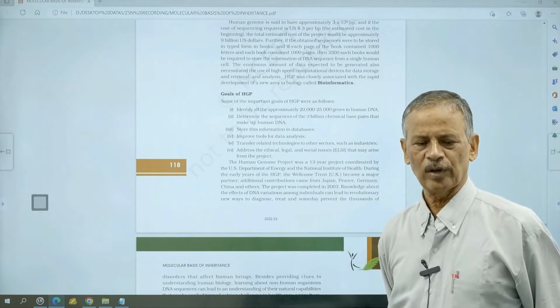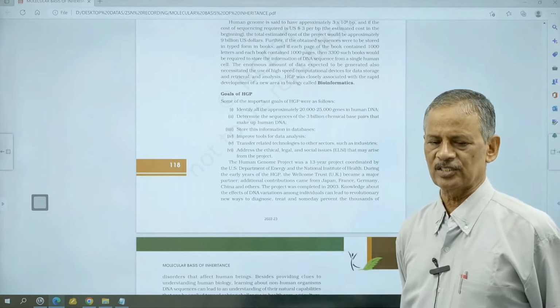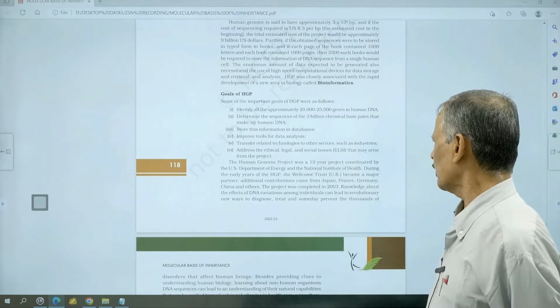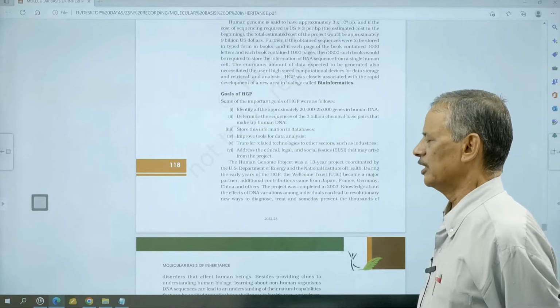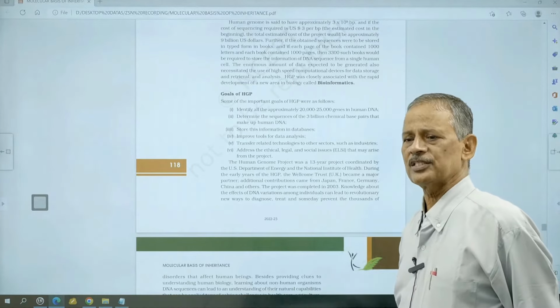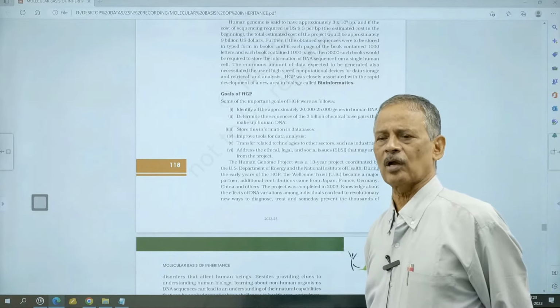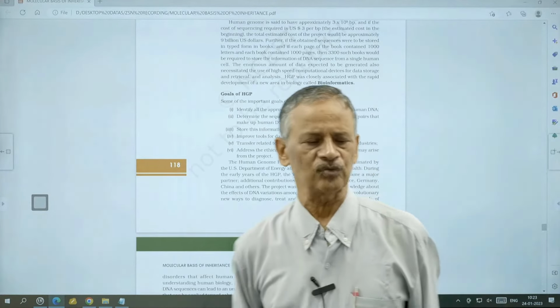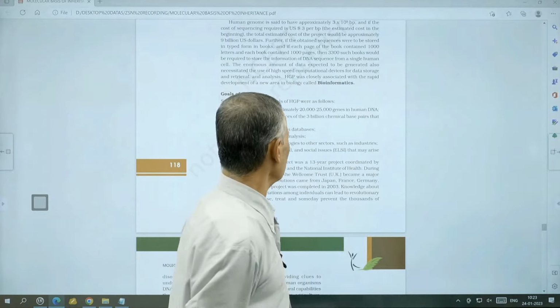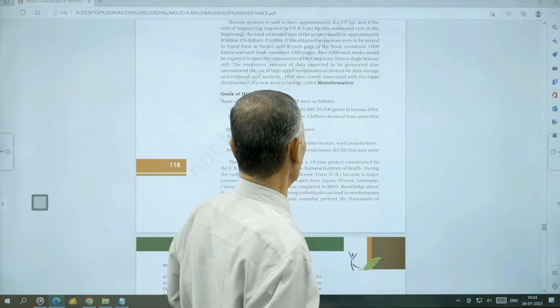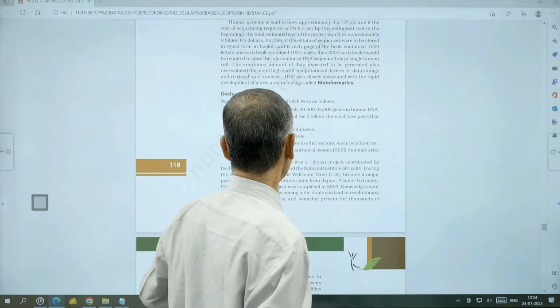The US Department of Energy coordinated the entire effort, and initially America started in 1990, thinking that they would be able to complete it in 13 years, in 2003. Later on, the Wellcome Trust of UK became a major partner.